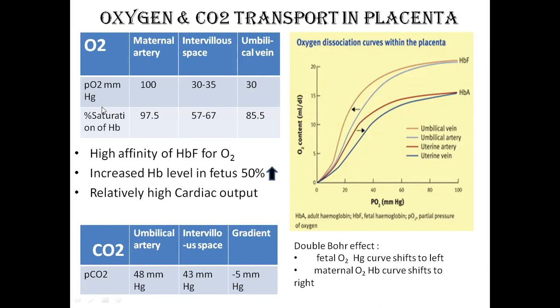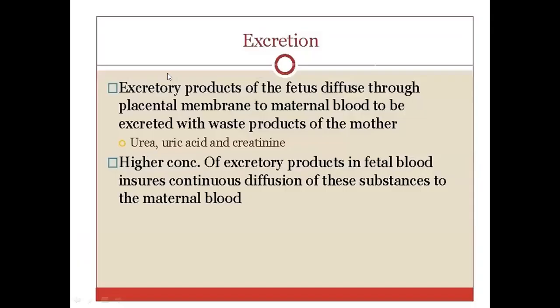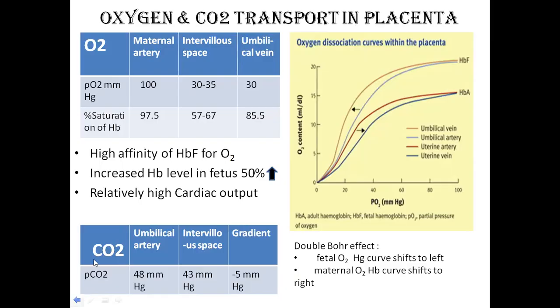But if you see the hemoglobin saturation, you'll be delighted to see that in maternal artery with 100 PO2, the saturation is 97%, whereas in umbilical vein with 30 millimeter PO2, the saturation is 85.5 or 86%.